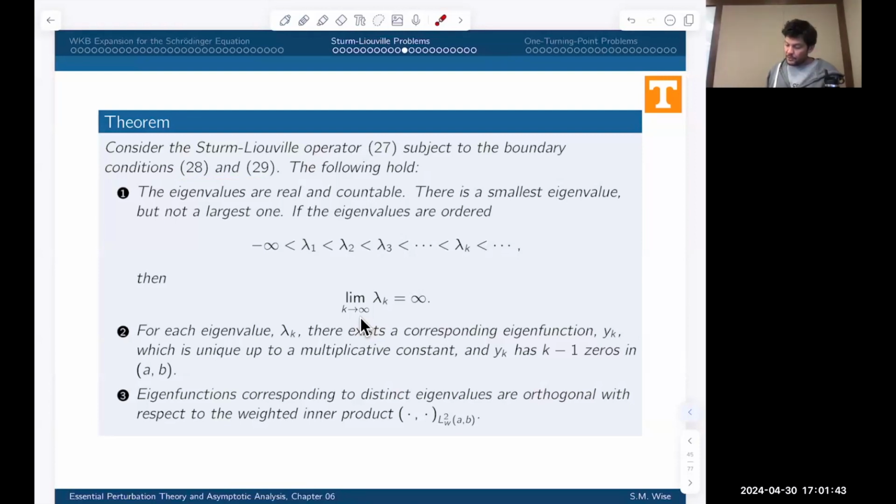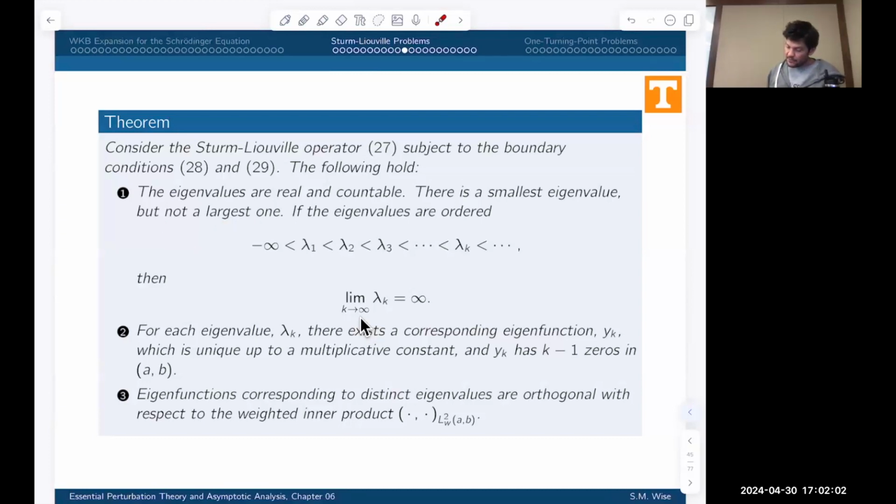The eigenvalues are real and they're countable. There's the smallest eigenvalue, and you can show that because the Rayleigh quotient always has a minimum, has a bottom. But there is no largest eigenvalue.